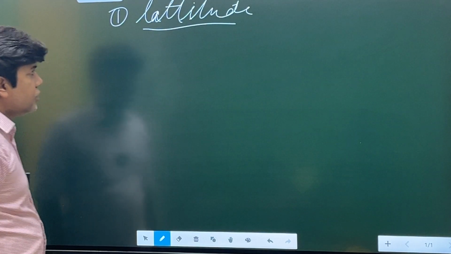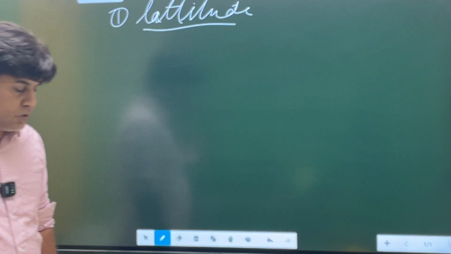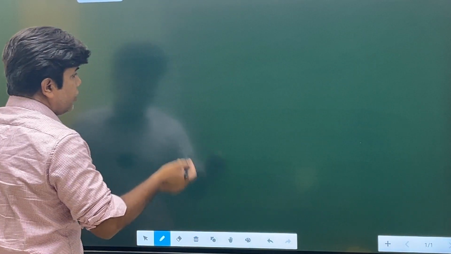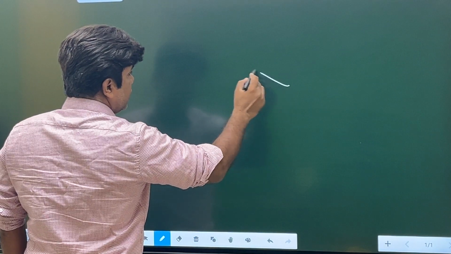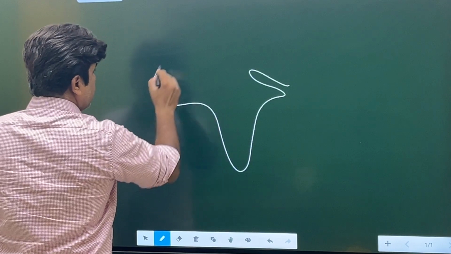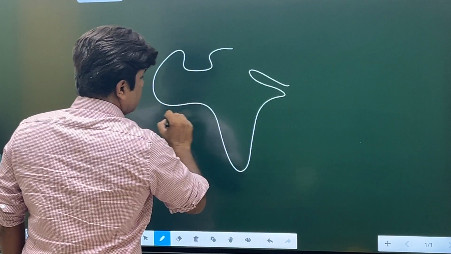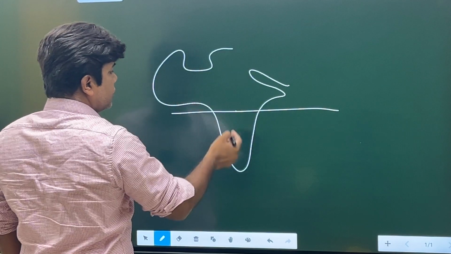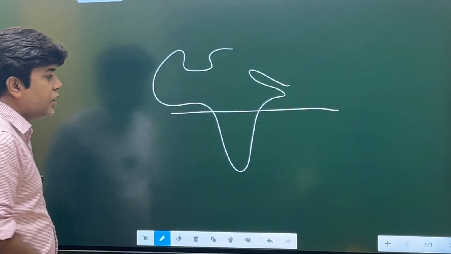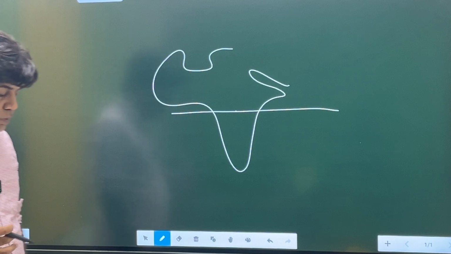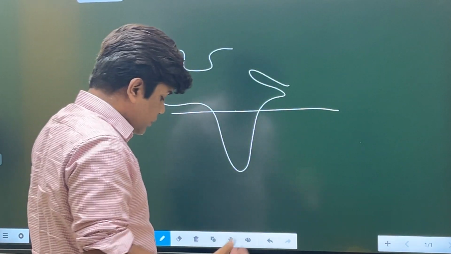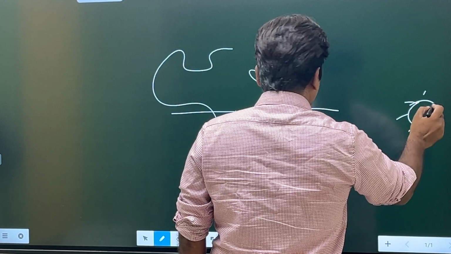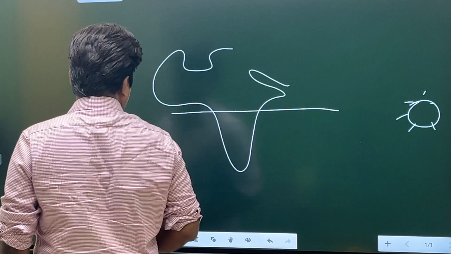Latitude determines the horizontal distribution of temperature. That's why you may have studied that whenever you move away from the equator towards the poles, the temperature keeps on decreasing, because the sun almost throughout the year remains overhead over the equator.